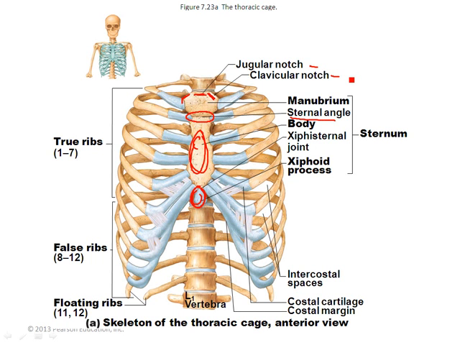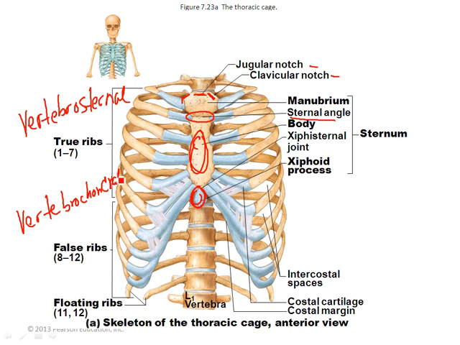So, true ribs are also called the vertebrosternal. False ribs are vertebrochondral. This is going to make sense in a minute, so hang on. And floating ribs are called vertebral.